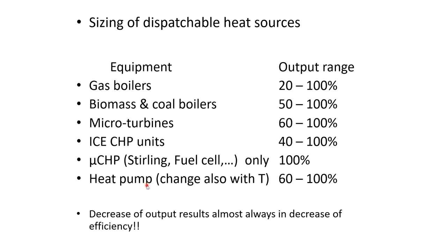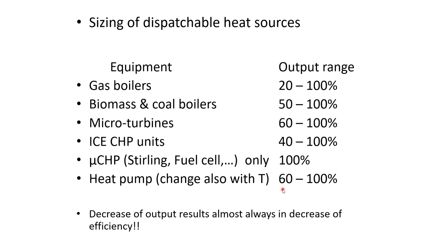And then lastly we have the heat pump, where it's important to note that the parameters and the performance will also change with the temperature of the heat source, especially if it's air to water or air to something. So as the outside air temperature decreases, the coefficient of performance of the heat pump will also decrease.